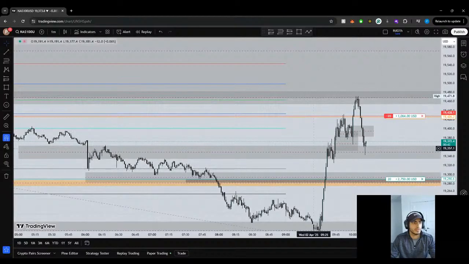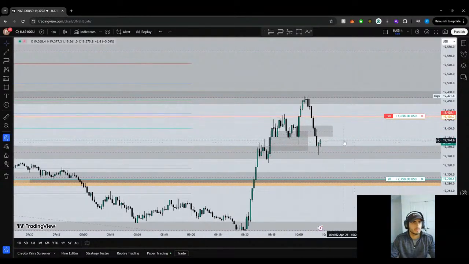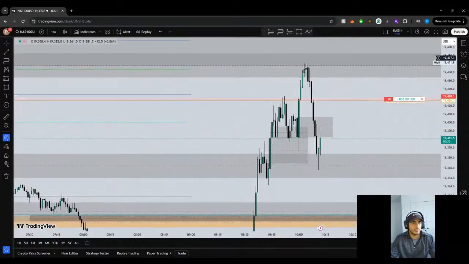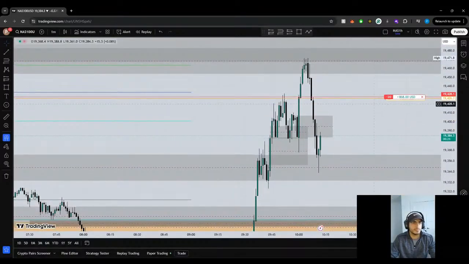At least like right here. Possibly use this as a point to reverse. Should be turning around within this area.